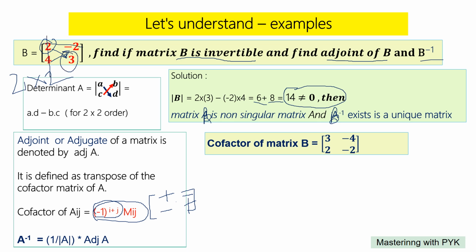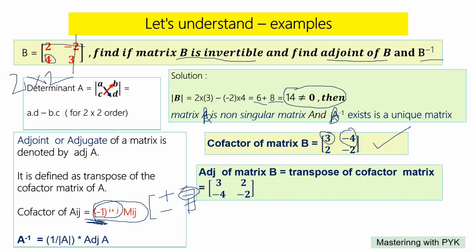This position is positive, so 3 is positive, right? For M12, we ignore this column and this row. We are left with 4, so 4 goes here, but then the sign we cannot ignore, and the sign would be negative, so this element gets a negative sign, right? So this is the way we get the cofactors of B, which are 3, minus 4, 2 and minus 2.